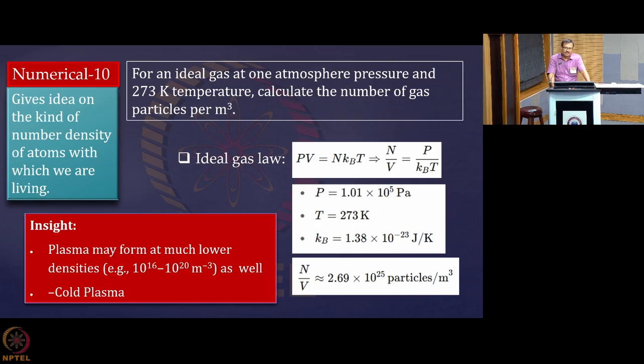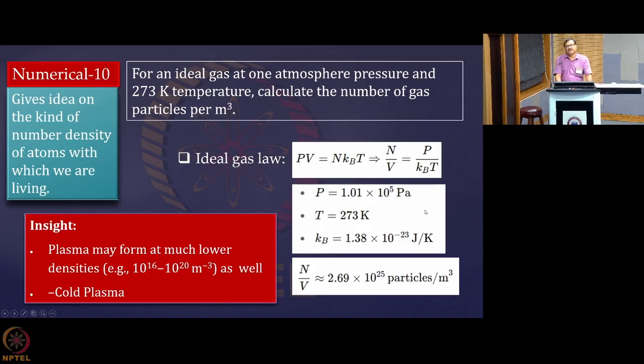So what is the rule that we apply here? The ideal gas law, which says that PV is equal to NkT. k is the Boltzmann constant, and what we are interested in is the number of particles per unit volume, so it is N by V. If we change the sides, then N by V equals P by kT, as you can see from this relation.